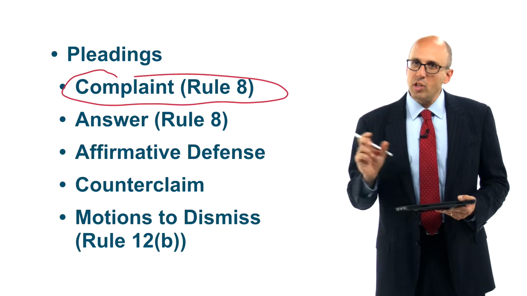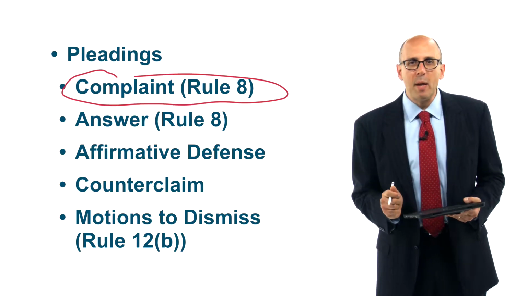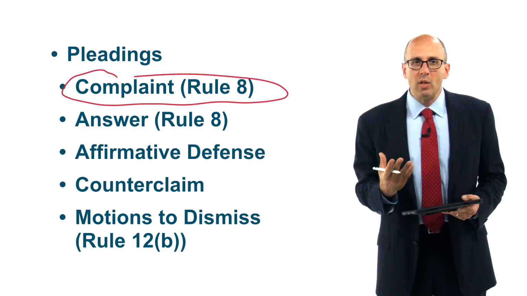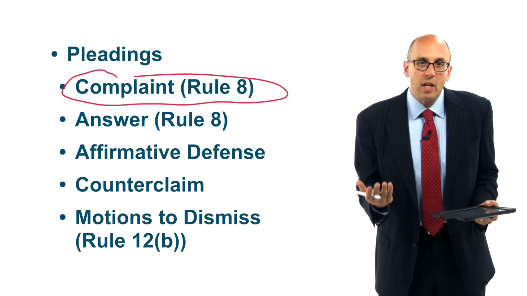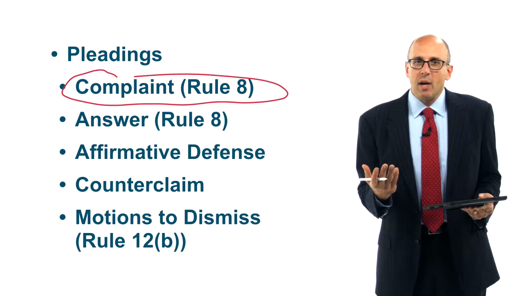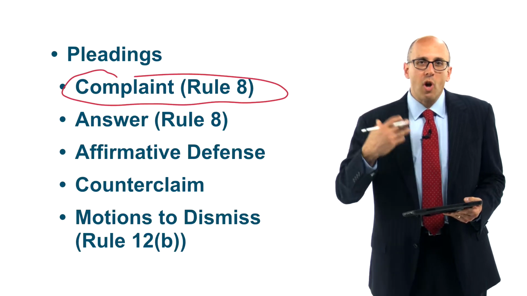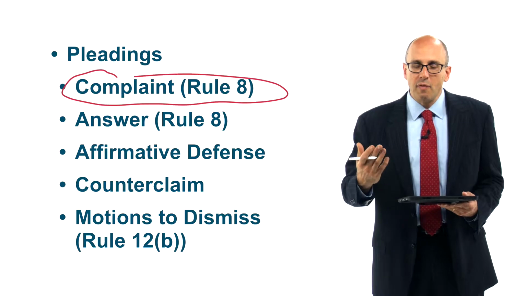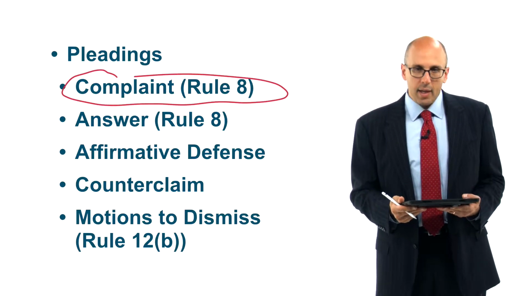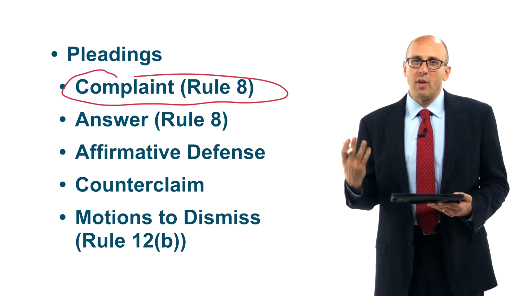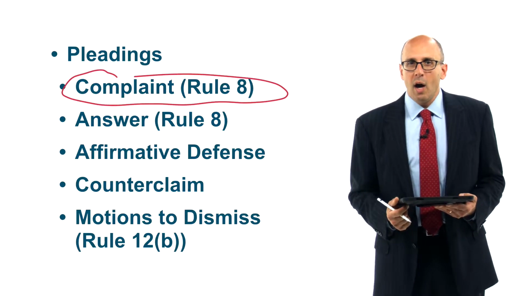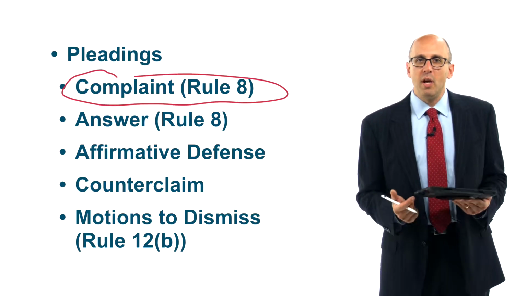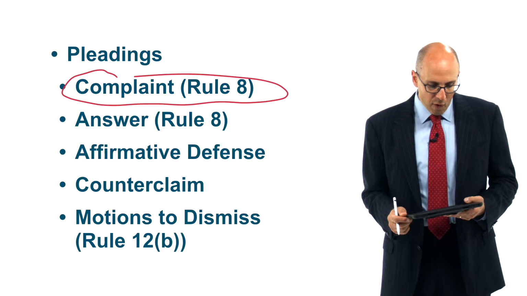But again, it just needs to be a short and plain statement, and it may be that at that point, the plaintiff doesn't have much evidence, for example, because it will take the trial process to develop the actual evidence. They just need to have enough to get things going and to give the defendant fair warning about what this lawsuit is really about and what the grounds for relief are.